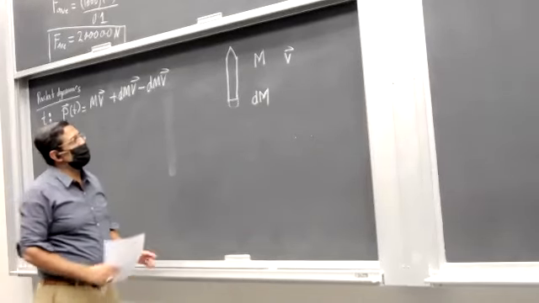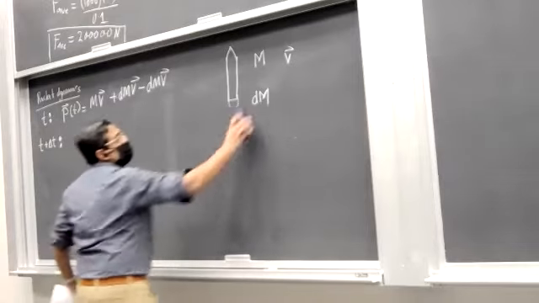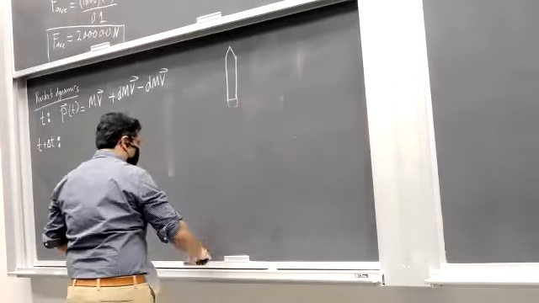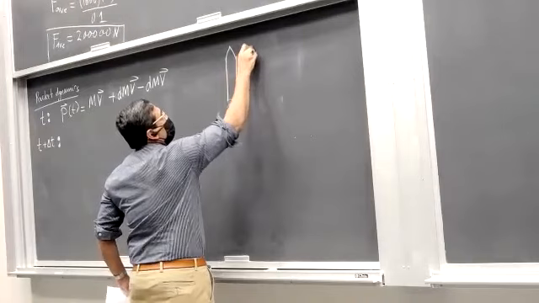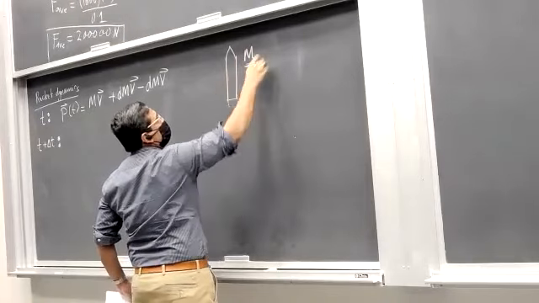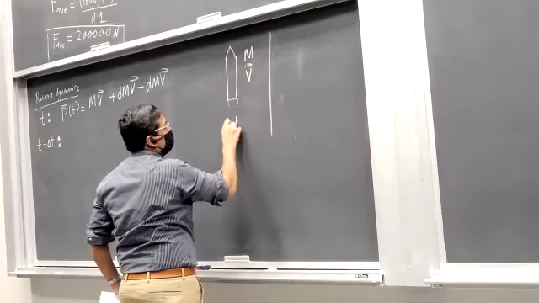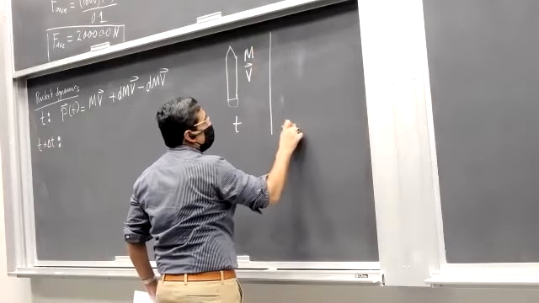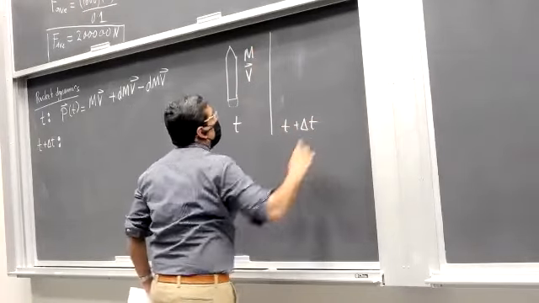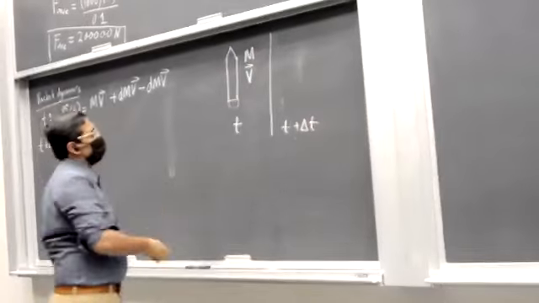Let me rewrite it more clearly: this is mass and velocity at t, and this is at t plus delta t.